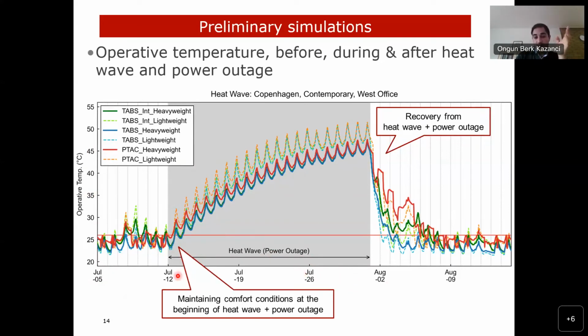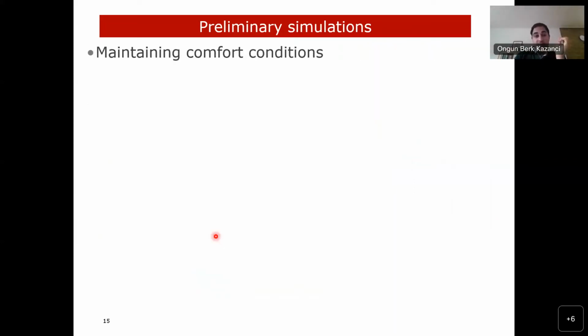It starts about July 12th and runs almost until the beginning of August. This is just to show you a trend of how the temperatures evolve with TABS systems, both heavyweight and lightweight, and with the convective system. But in the next two slides, we have more detailed pictures of it.